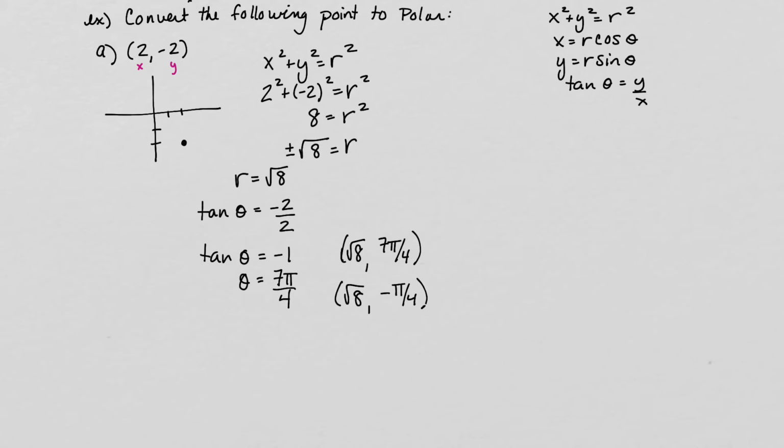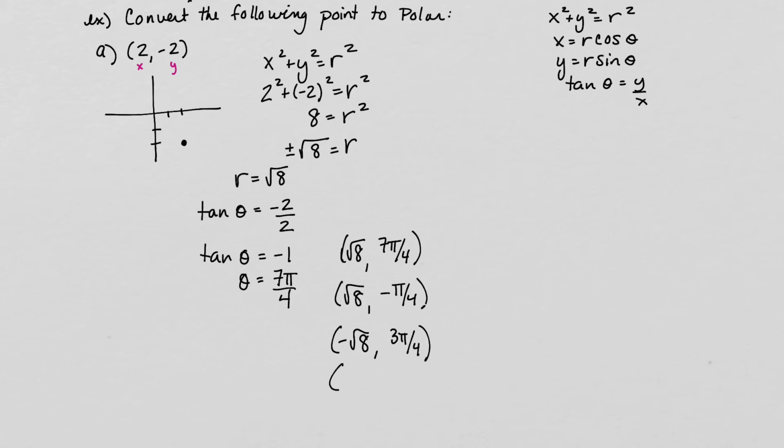We could have also written it with a negative square root of 8. But if you're doing a negative square root of 8, you would be out here and you have to rotate to this point, so you're rotating 1, 2, 3 pi over 4s. So you could have done that. That's why I don't necessarily like to take the minus square root of 8, because then I have to figure that out.